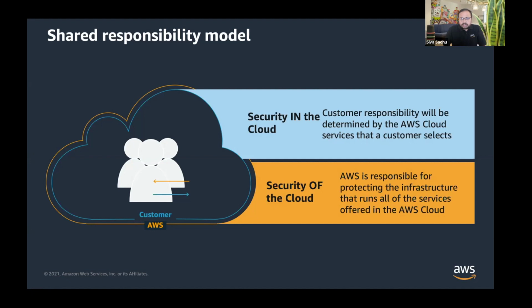And security in the cloud, which is a customer responsibility, will be determined by the AWS cloud services that a customer selects. This also determines the amount of configuration work the customer must perform as part of their security responsibilities. For example, services such as Amazon Elastic Compute Cloud or Amazon EC2, Virtual Private Cloud, and Amazon S3 are categorized as infrastructure as a service and as such require the customer to perform all of the necessary security configuration and management tasks.